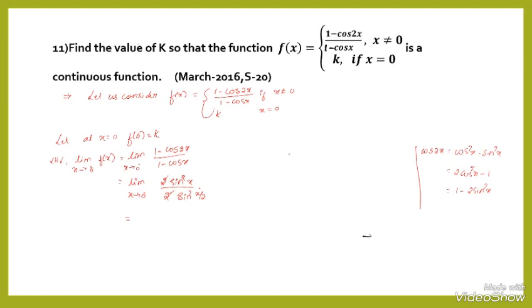Then limit x tends to 0 minus, I will divide by x square and multiply x square here.